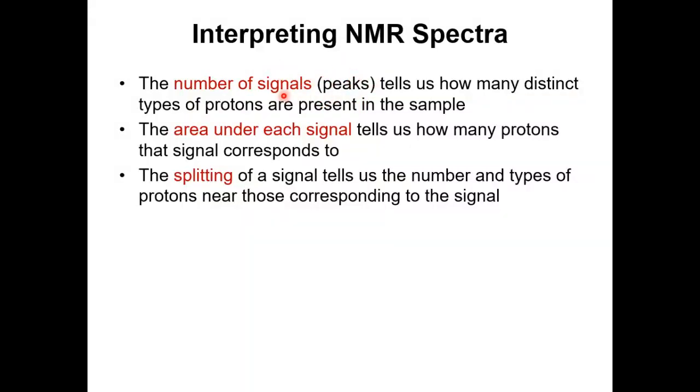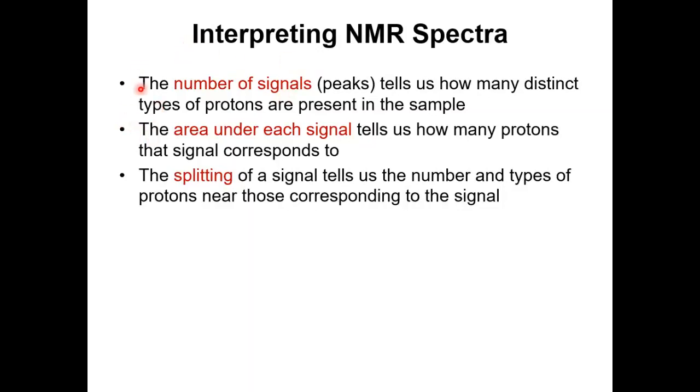How many peaks you have tells you how many distinct types of protons you have in the sample. Equally important, the area of each signal tells you how many protons that signal corresponds to. And the third one, the splitting of the signal, tells you the number and types of protons near the protons that give the signal.